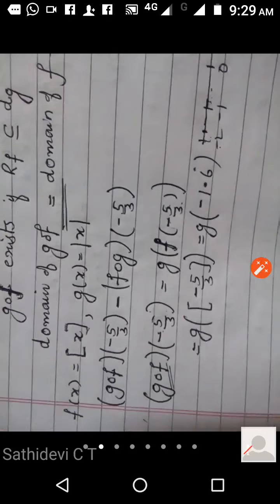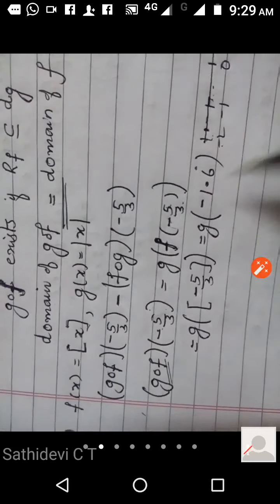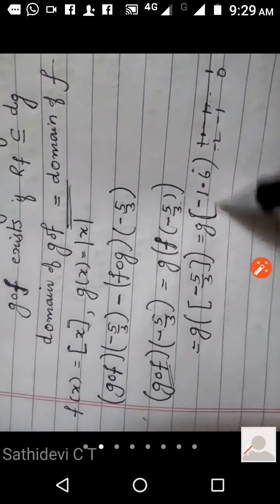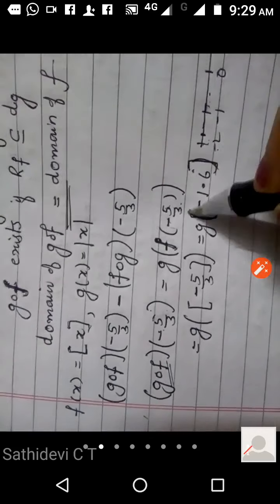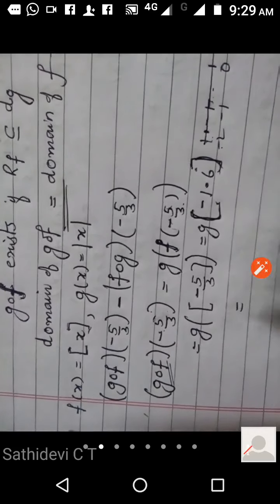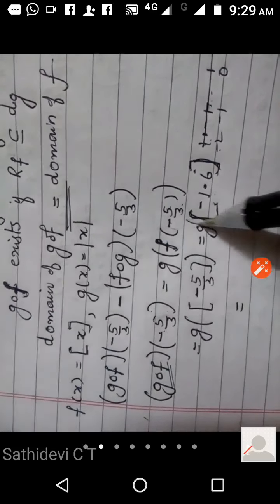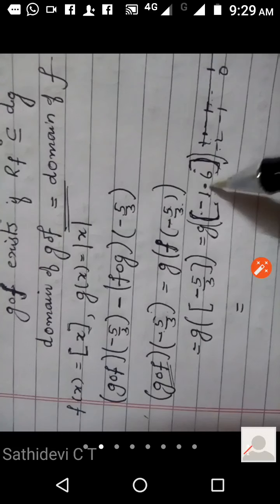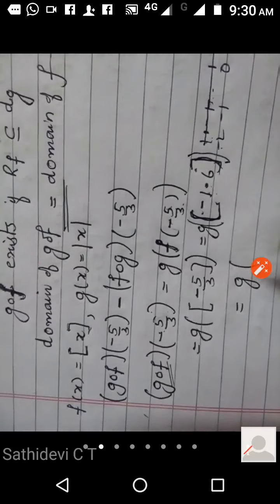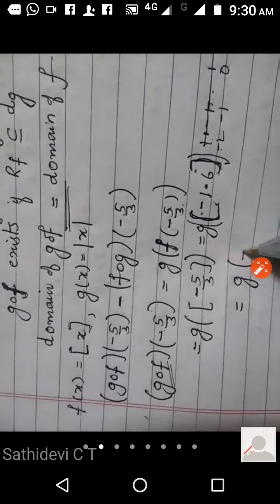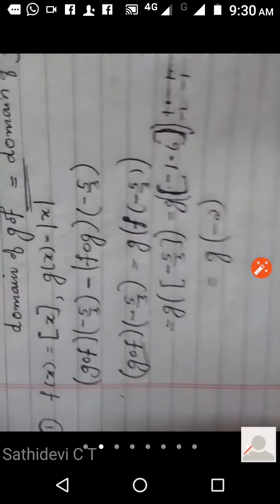So this is G operated on the greatest integer of minus 1.6, that is G operated on minus 1.6, which means minus 2. See this point properly.